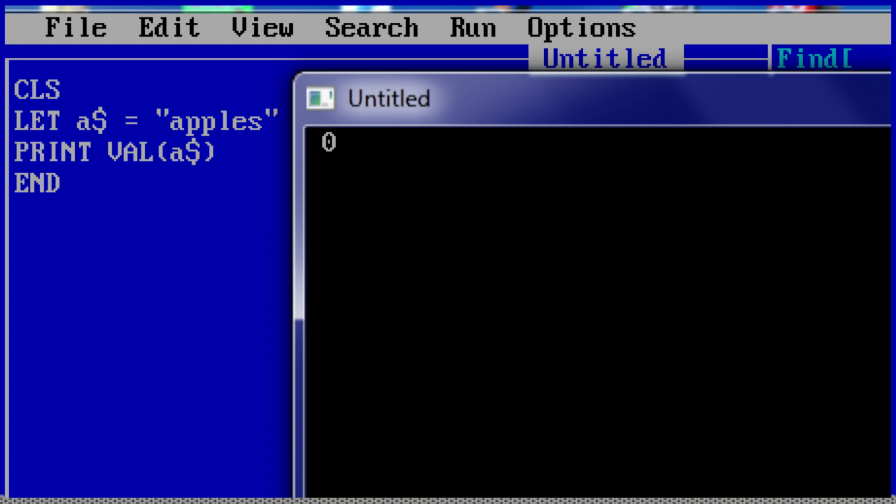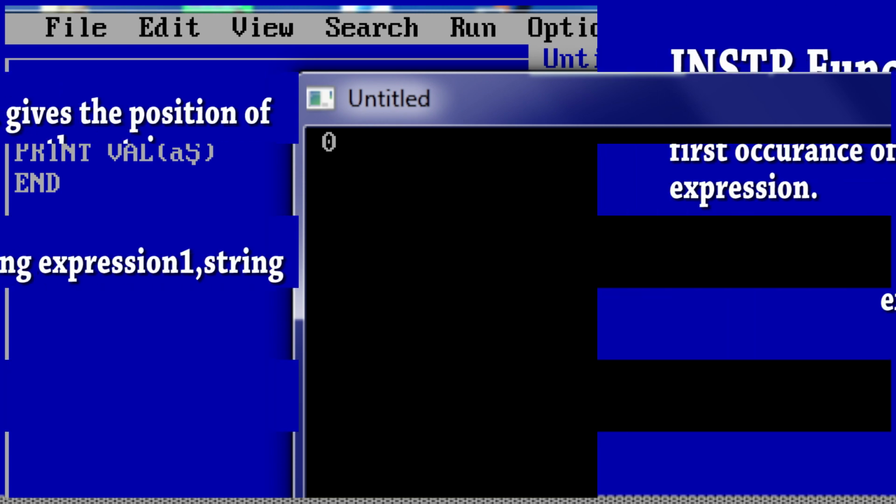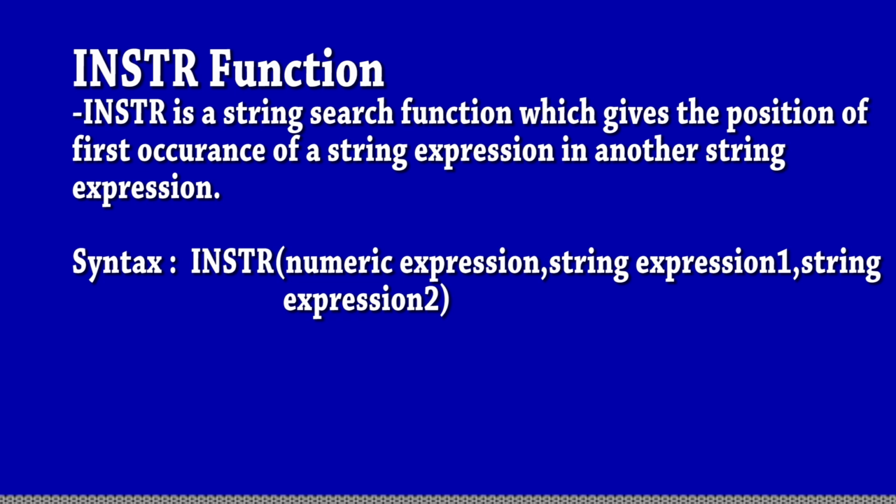Okay, so now another topic is the INSTR function. INSTR is a string search function which gives the position of the first occurrence of a string expression in another string expression. It works like just searching.